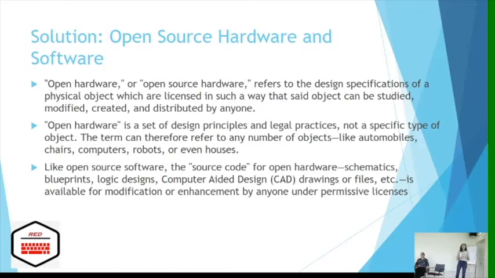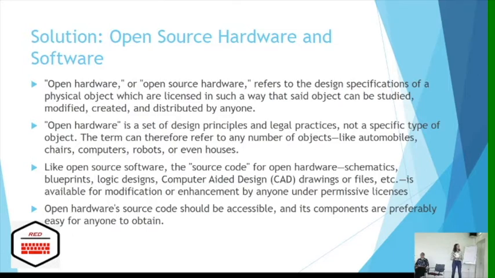Like open source software, which is very common, the source code of the open hardware, schematics, blueprints, logic design, computer aided designs, is available for, this is very important, modification or enhancement by anyone under a permissive license. So open hardware source code should be accessible, and its components are preferably easy for anyone to obtain.